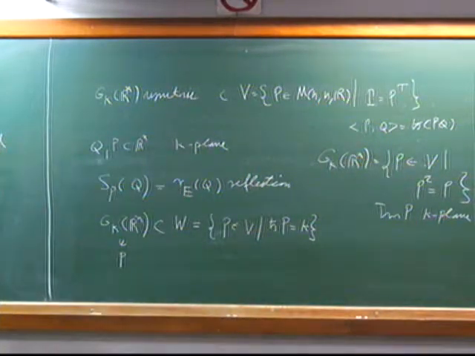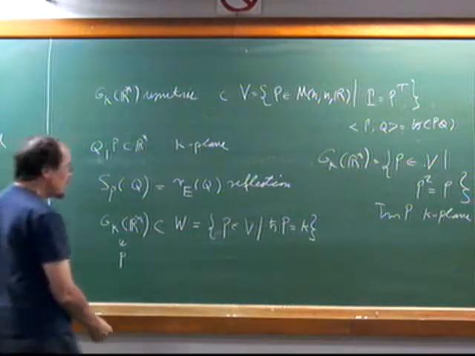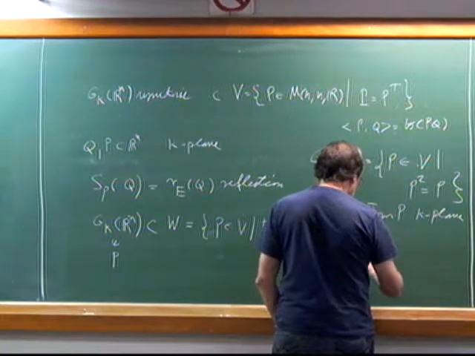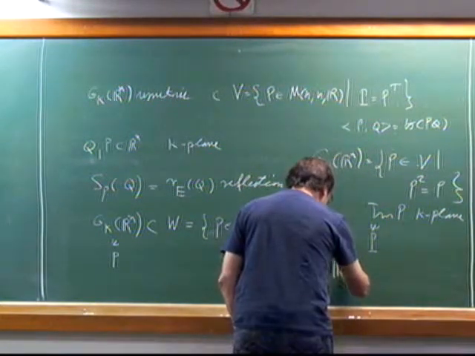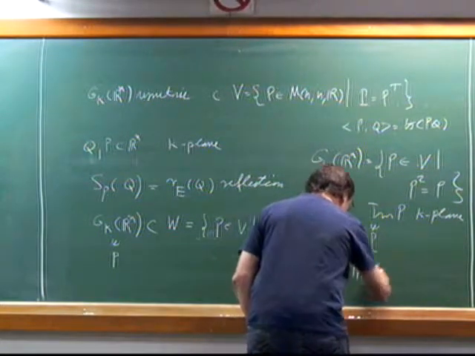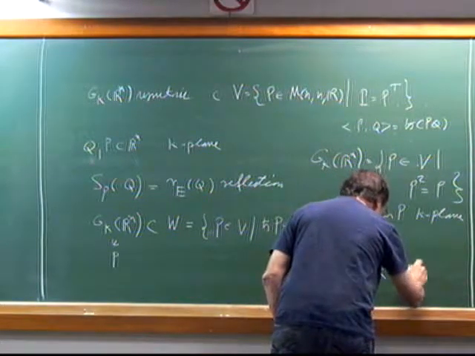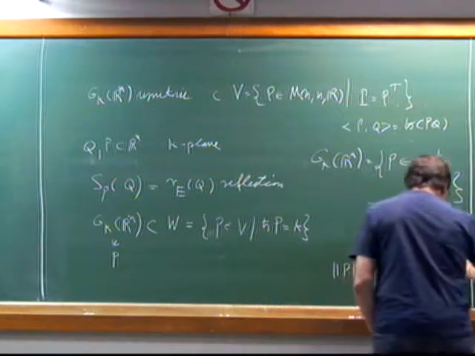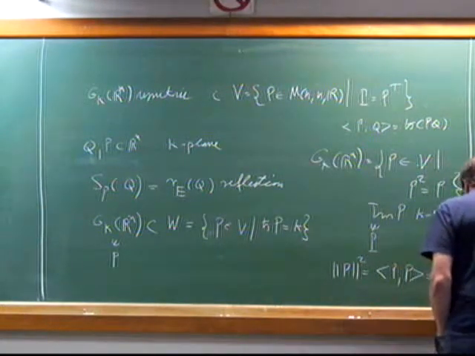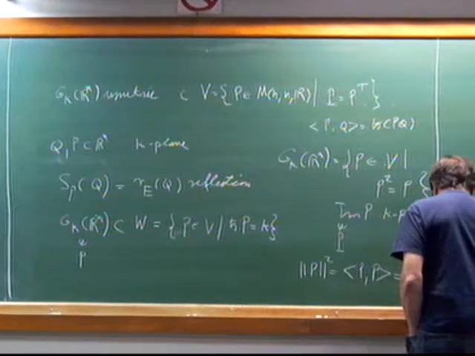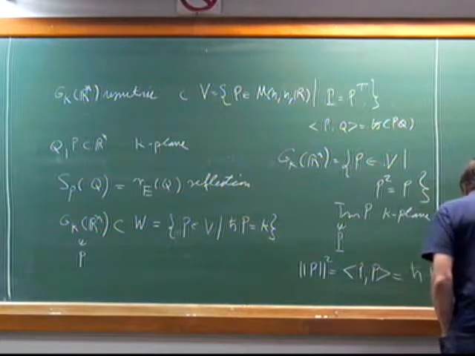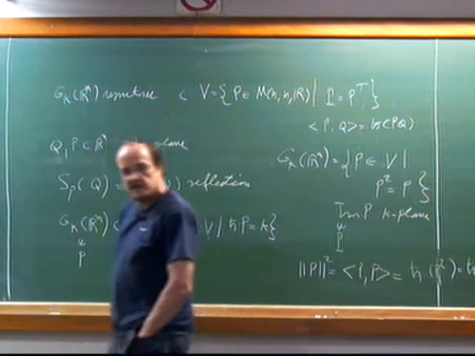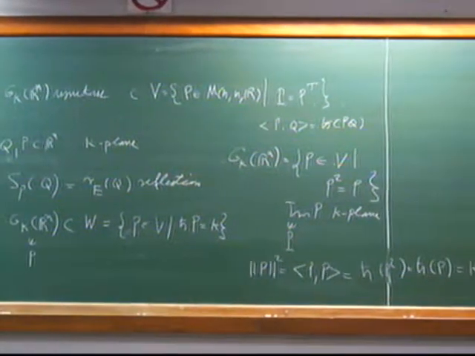So they sit in there at different levels, and if I take a projection in here in this sense, what is its length squared? It's the inner product of P with P, which is the trace of P squared. But P squared is P, and the trace of P is K. So they all sit inside a sphere.